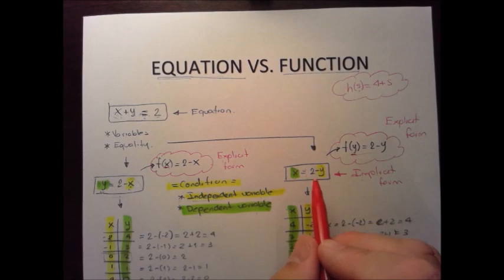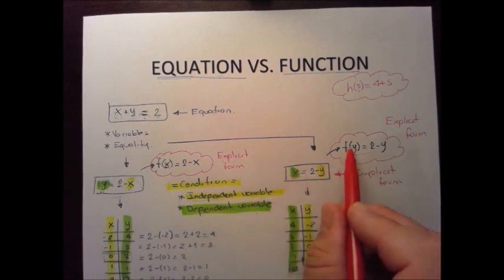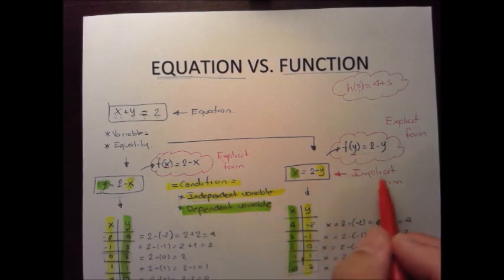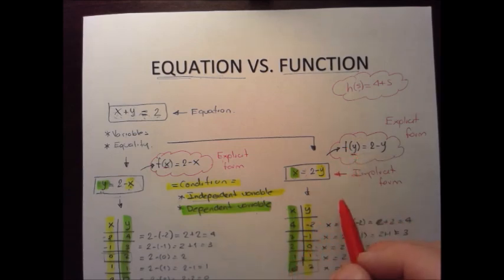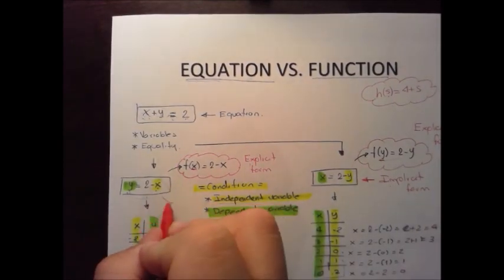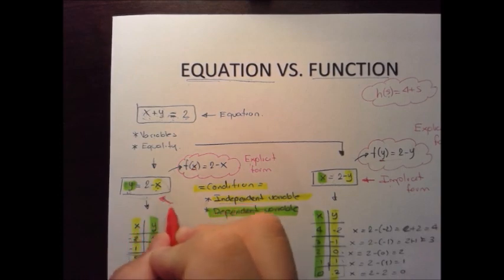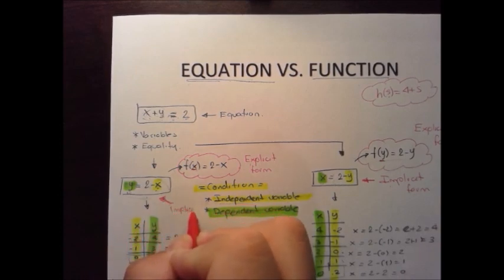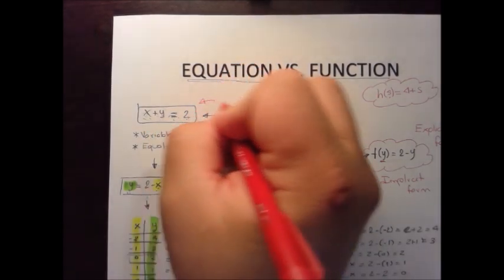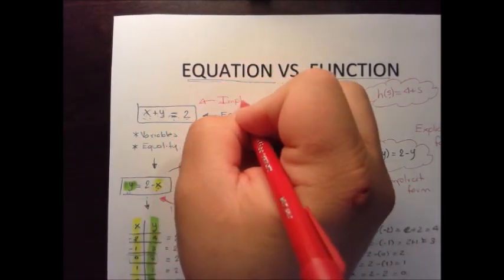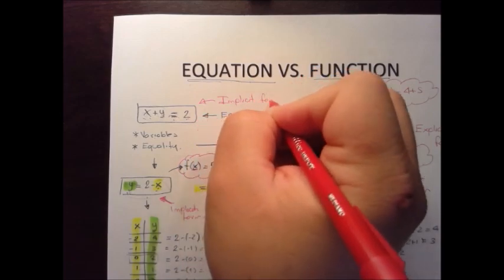Here you can say, oh, this is obviously y. Yeah, but here it doesn't say that. So that's why this is an implicit form of a function. It's not explicit. In explicit, you clearly see what the independent variable is. In that case, this is going to be an implicit form. Also this one, this is an implicit form.